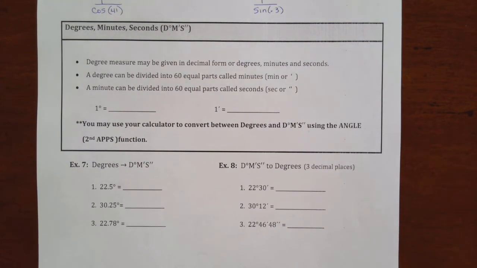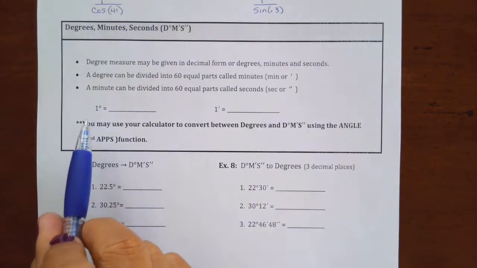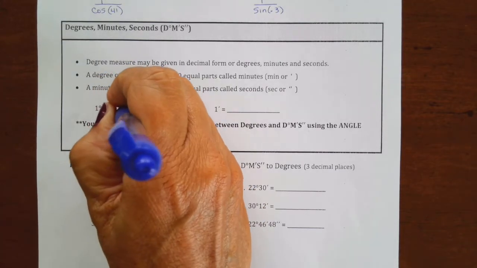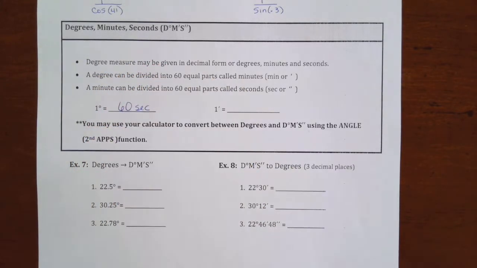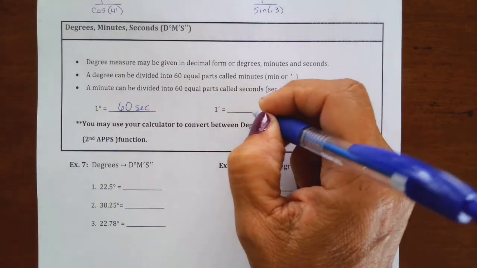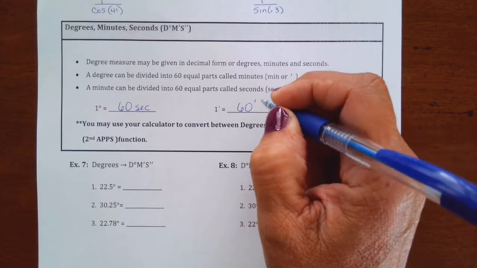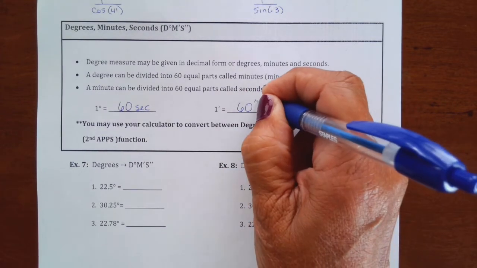This is how they broke things apart. So a degree can be divided into 60 equal parts called minutes, and a minute can be divided into 60 equal parts called seconds. So down here you have 1 minute. Okay, so 1 minute equals 60 seconds, and 1 degree equals 60 minutes.